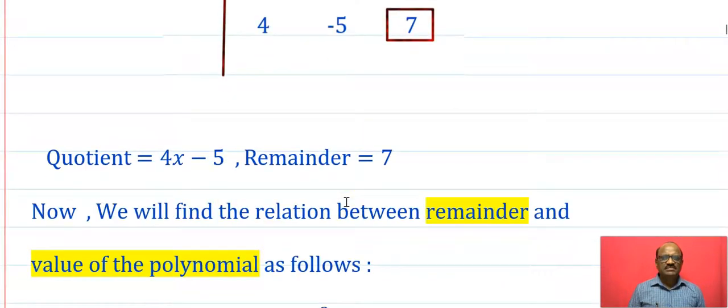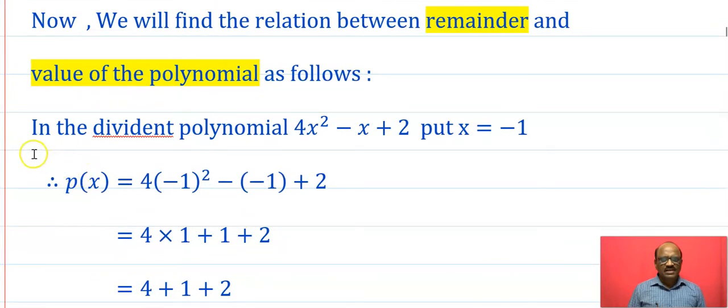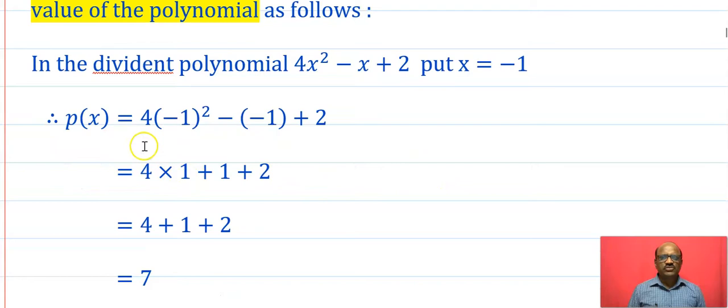Now see this again. Next, we will find the relation between the remainder and the value of the polynomial as follows. The dividend polynomial is 4x square minus x plus 2. Put x is equals to minus 1. P of x is equals to 4 in bracket minus 1 square minus in bracket minus 1 plus 2. Minus 1 square is plus 1.